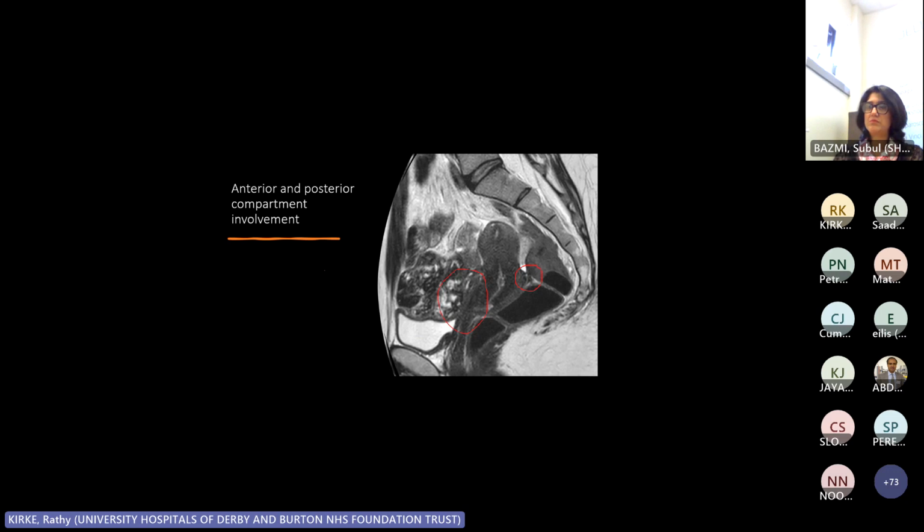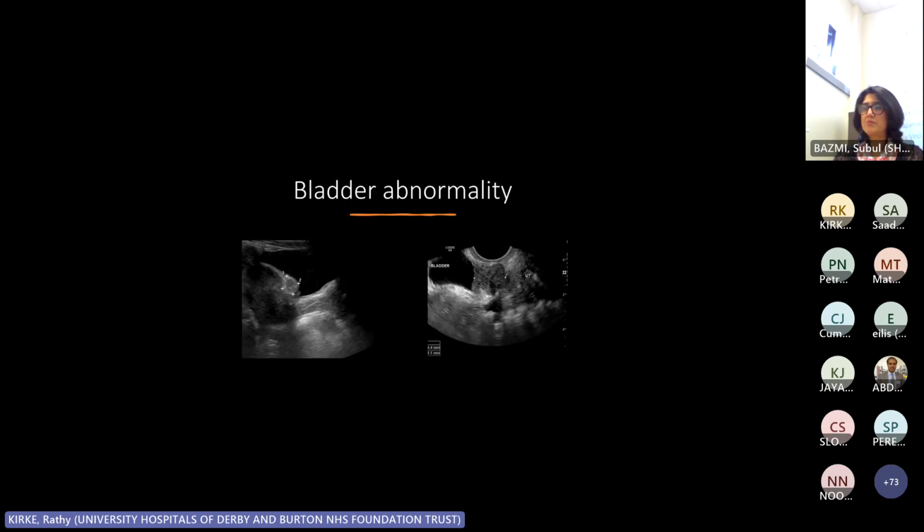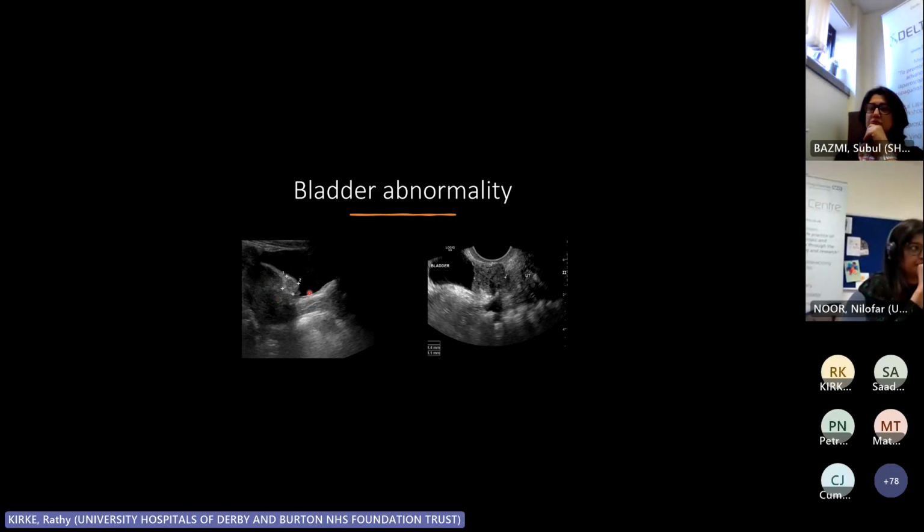Now, we're seeing more and more interesting involvement with endometriosis, unfortunate sometimes, but interesting. And bladder involvement is something I'm going to talk to you about. Earlier this year, we had a lady who presented with pain after hysteroscopy. She had an ultrasound which showed on the transabdominal views an irregular area between the uterus and the bladder.